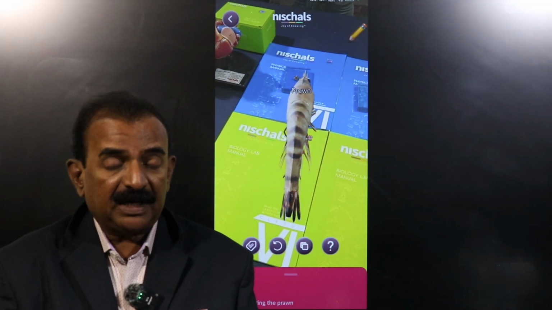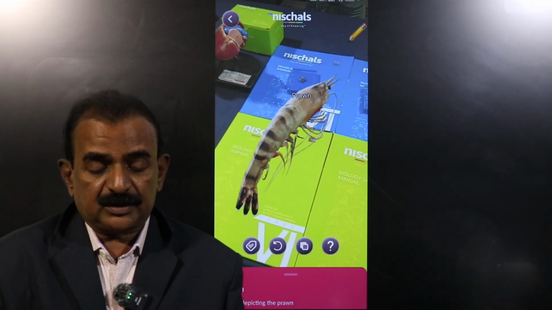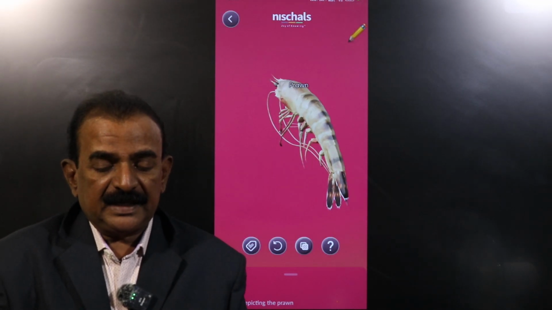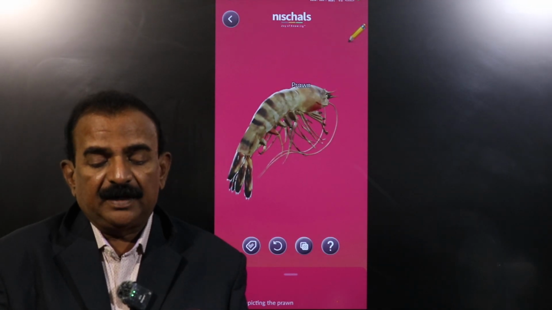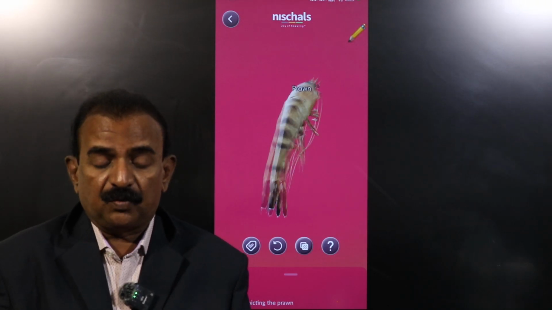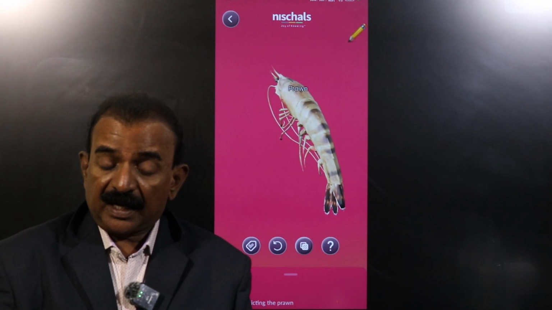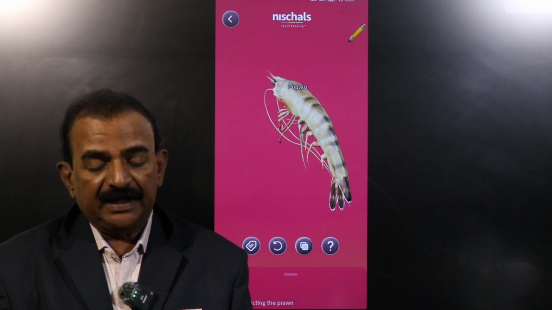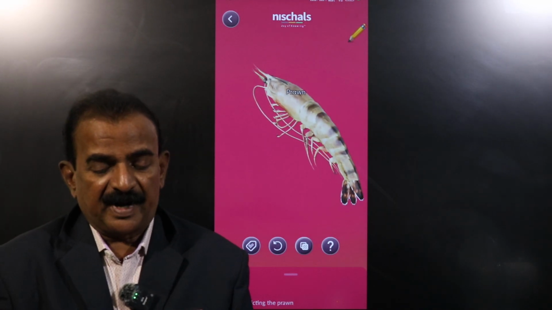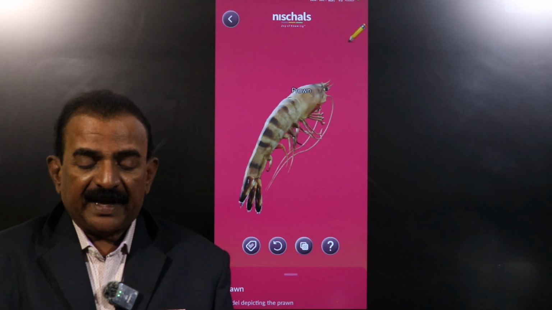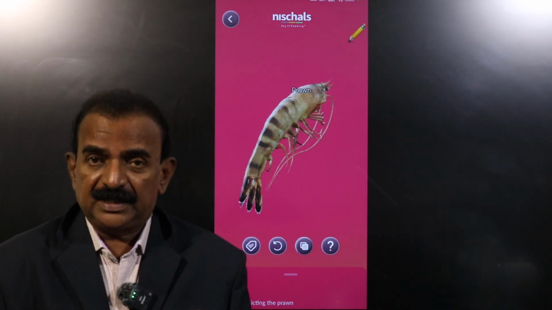Already we observed the diagrams of the rohu and also catla, and here you are observing another one, and this is called a prawn, and prawns are grown or reared in marine water and also fresh water, and it is also called a commercial crop, and farmers are getting more prawn yield, and it is economically important. So prawn is having shell, and prawns are called a shell fishery. Examples for shell fisheries are prawns and mollusks.